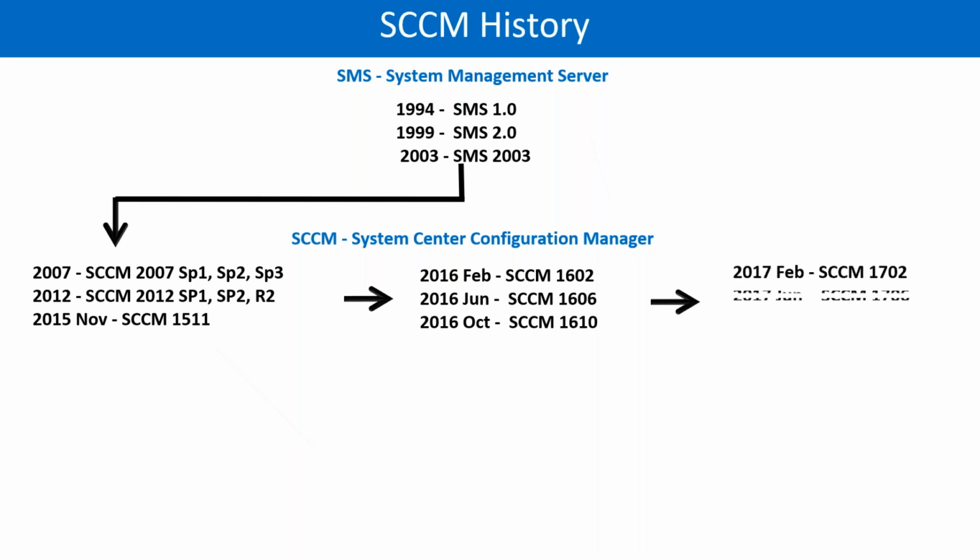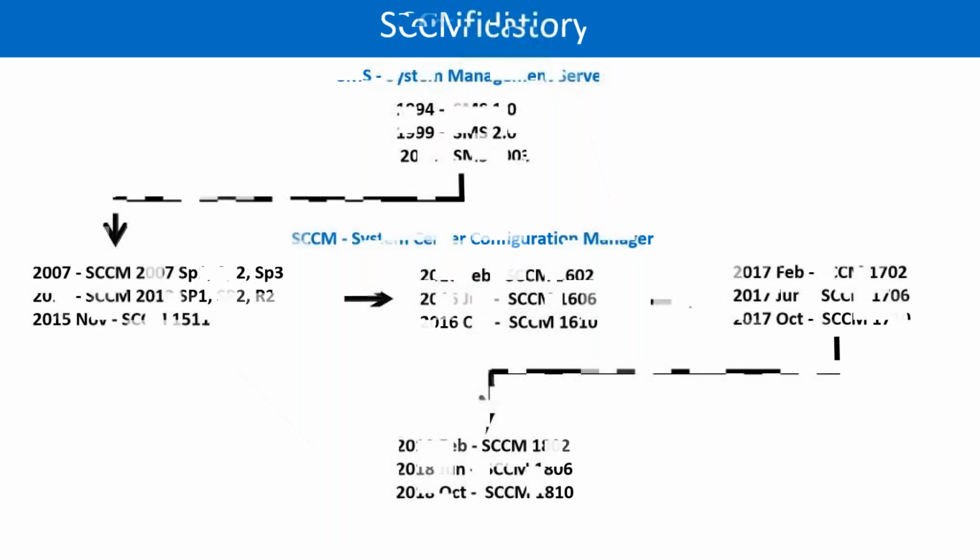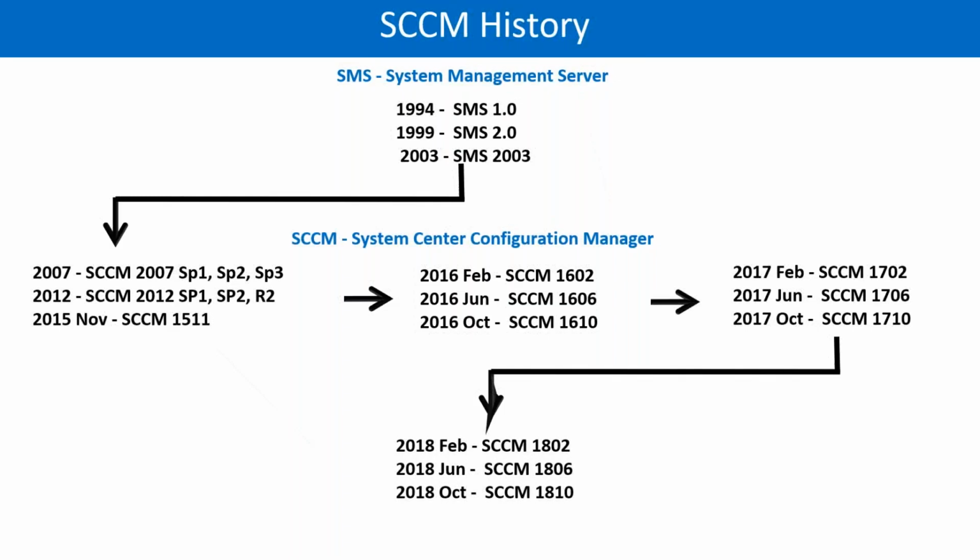So if you see 2017, 3 versions in 2017, and similarly 3 versions in 2018: 1802, 1806, 1810. Now the latest and greatest version of SCCM: this year they have released 2 versions, SCCM 1902 and 1906. 1906 is the latest version.